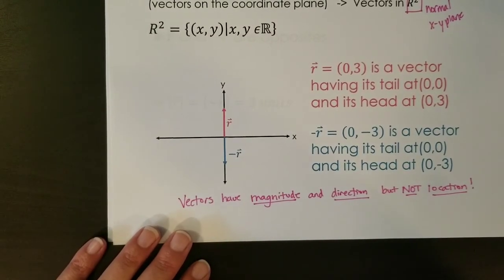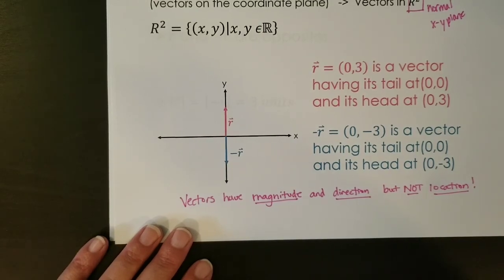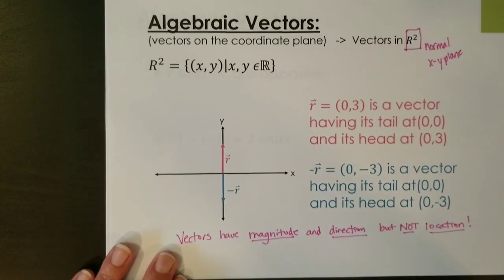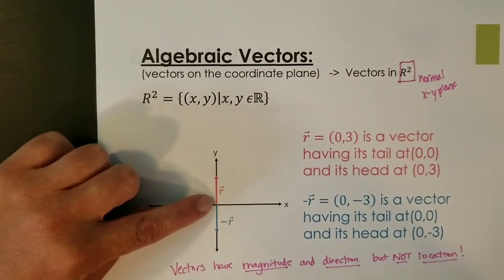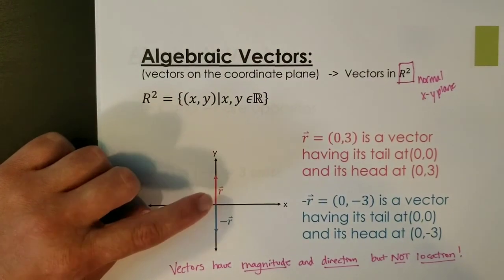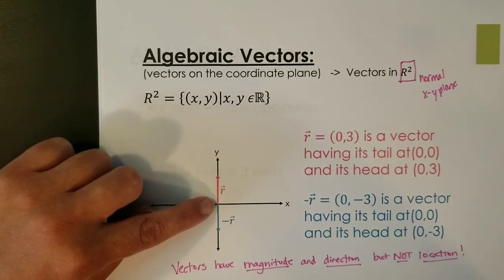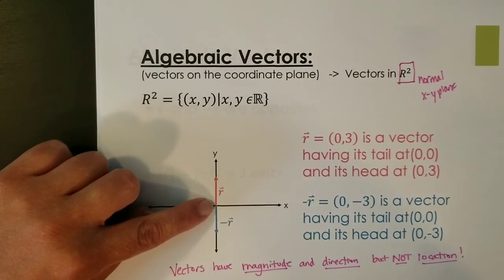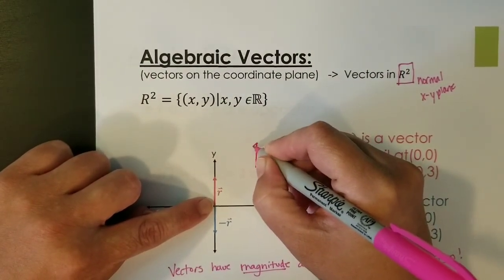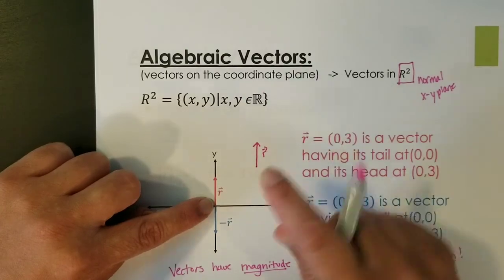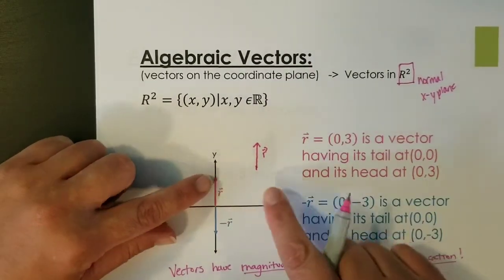Vectors are equivalent no matter where you move them. So we can reorient, and that's what we do in algebraic vectors: reorienting everything to start at the origin. This vector here has the same magnitude and the same direction. I've drawn that pretty close to equal, I think.